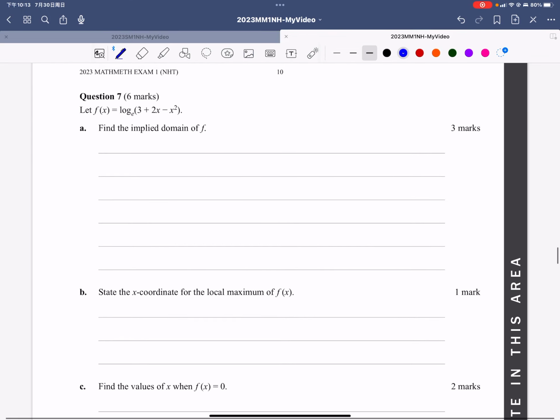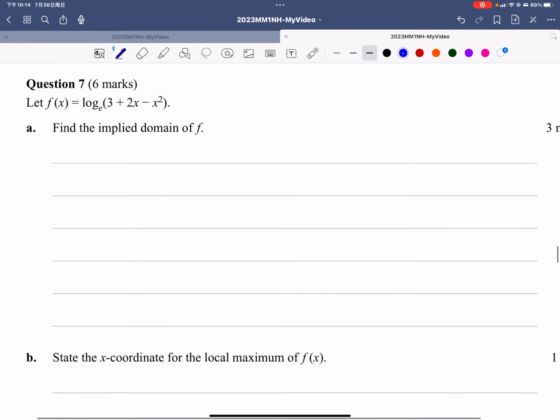Okay, righty-ho. Question 7, 6 marks. f of x is log e of 3 plus 2x minus x squared. Find the implied domain of f. So, we just need the quadratic function to be positive, okay? Because log e of something positive only. Okay, so we'd like this inequality to be true.